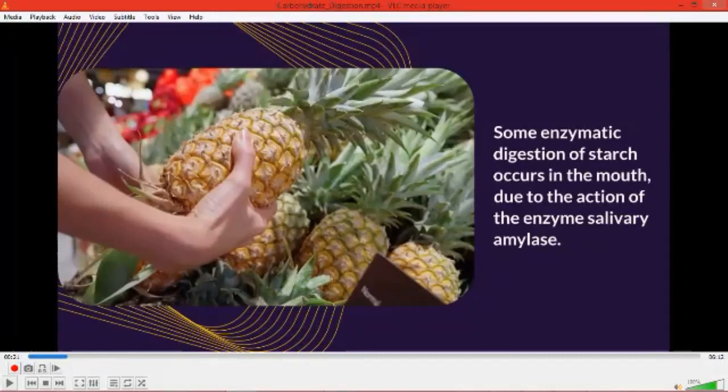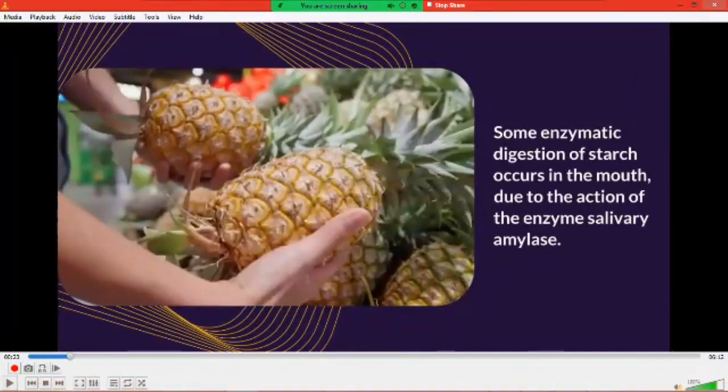Now, one of the enzymes that increases the rate of reaction in digestion in the mouth is the salivary amylase. These enzymes are secreted in the saliva from the salivary gland, right?